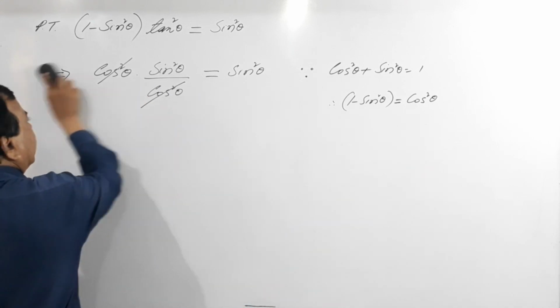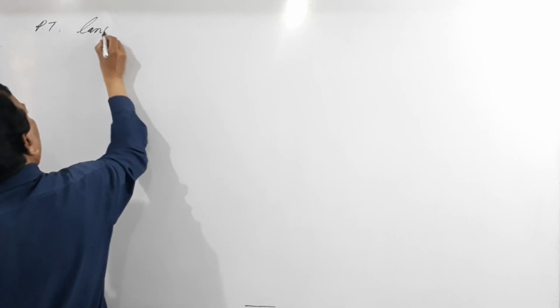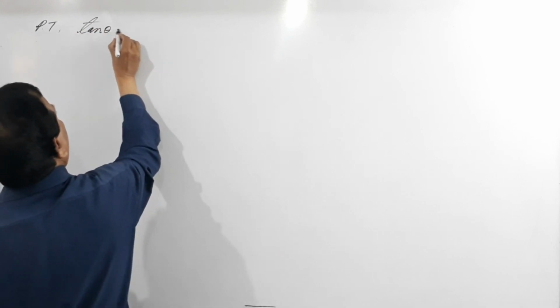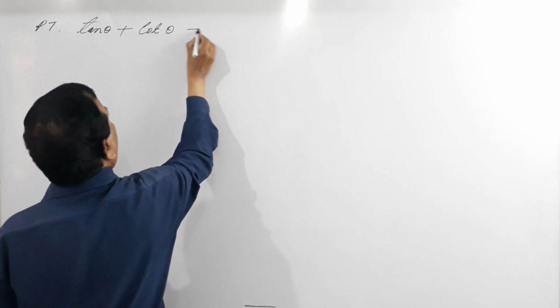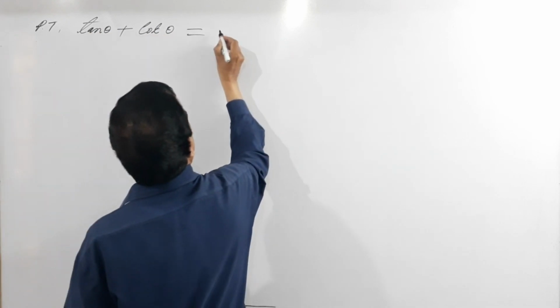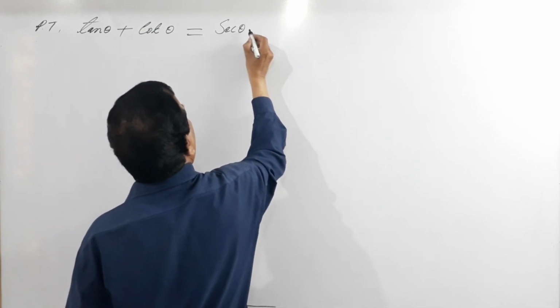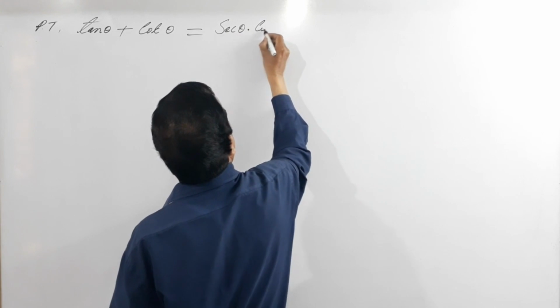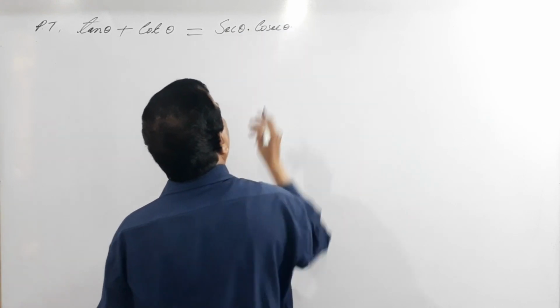So will rub this. tan theta plus cot theta equals to secant theta into cosecant theta.